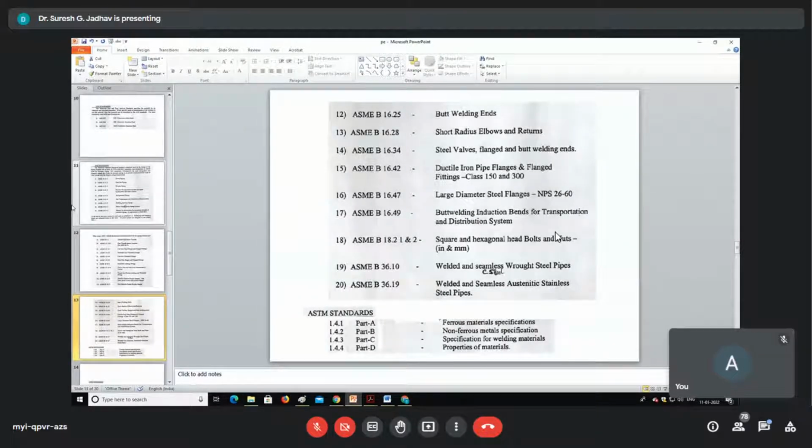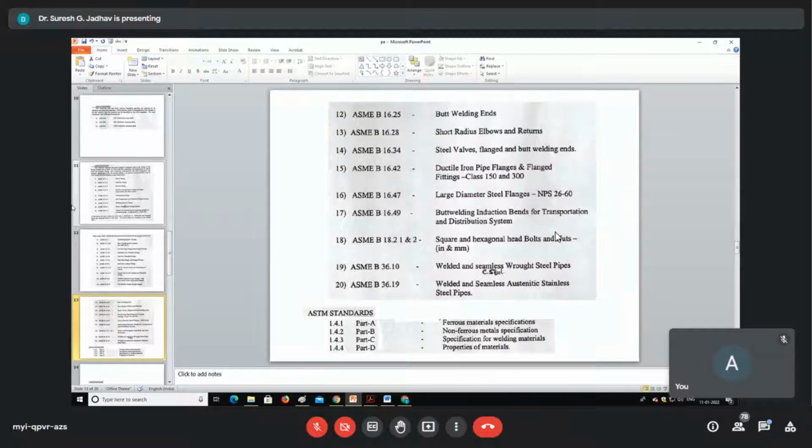So if you consider Part A, it stands for ferrous materials. If you see the ASTM standards, Part A means only ferrous materials, Part B means non-ferrous materials, Part C stands for the specification for welding materials only, and welding materials are available in Part C. And Part D has only the properties of materials.